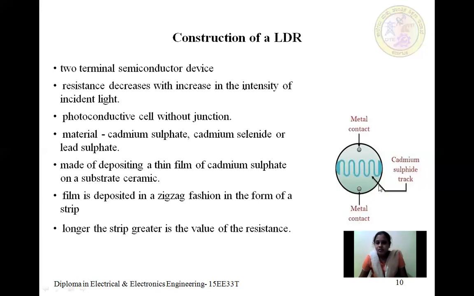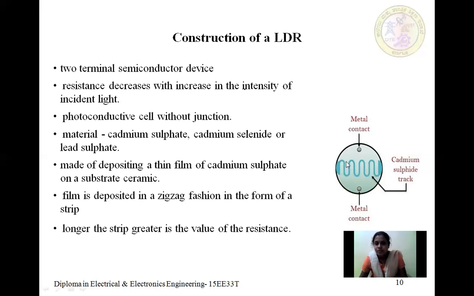This is also called as photoconductive cell without junction here. The material used is cadmium sulfide or cadmium selenide or lead sulfide. So this is in the form of a zigzag fashion.